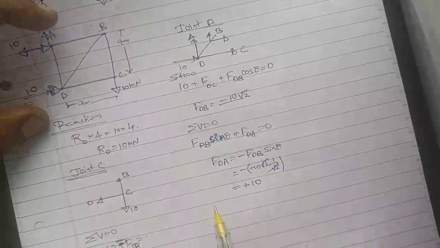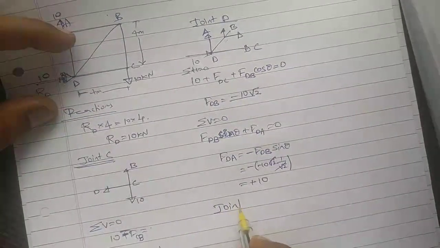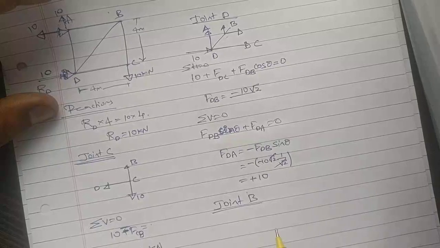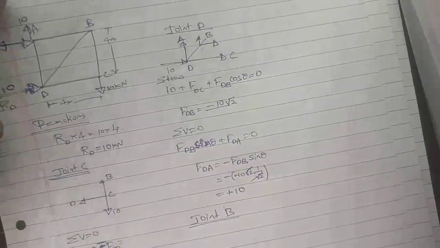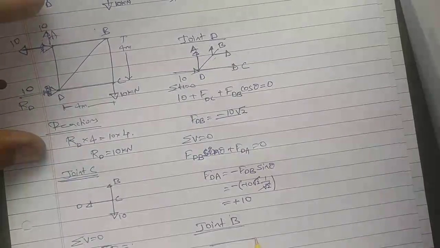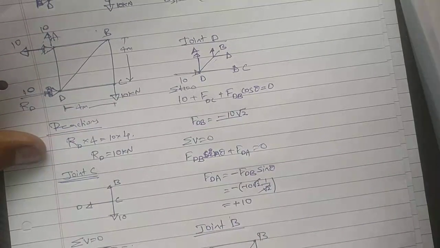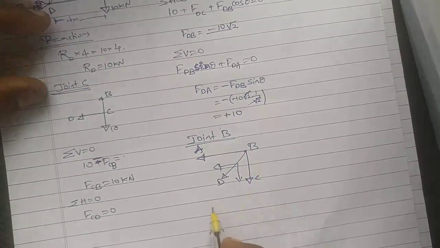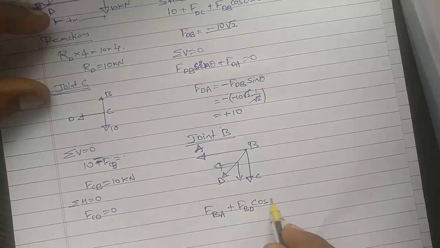Next we go for joint B. Joint B is away from joint B, C, this is D, this is A. We want this one, so we go for FBA plus FBD cos theta is equal to 0.